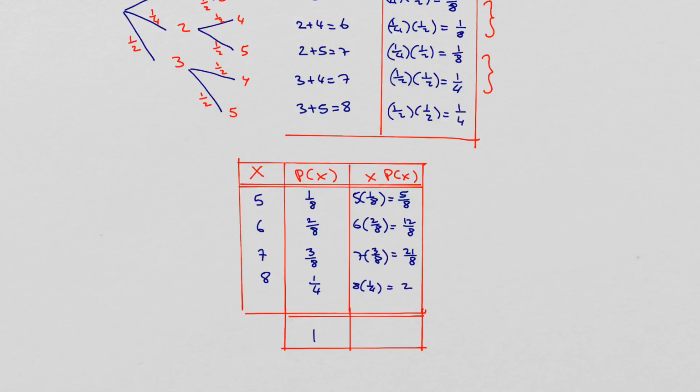So if we add 5/8, 12/8, 21/8, and 2, we end up with our sum of x times the probability of x, and that equals 6.75. So in other words, the expected outcome is 6.75 for our sum. Okay.